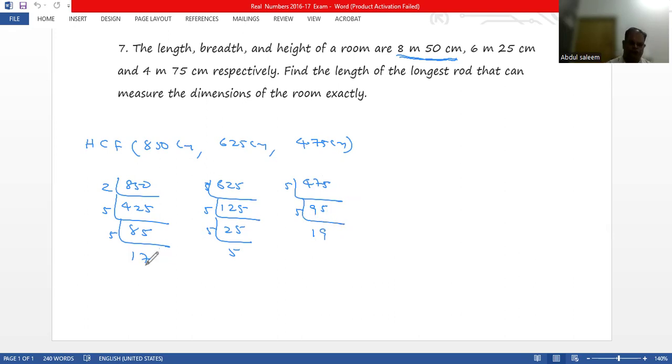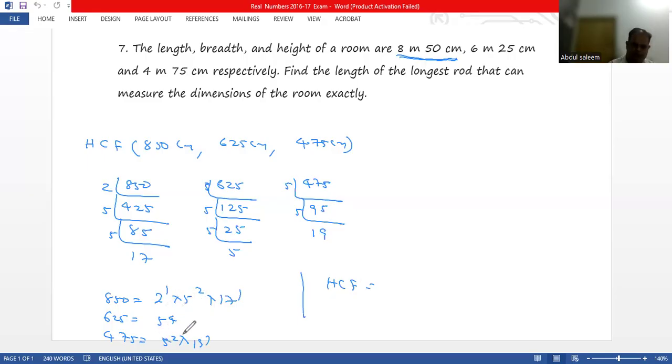So 850 equals 2 one time, 5 two times, 17 one time, and 625 equals 5 four times, and 475 equals 5 two times and 19 one time. So the HCF is the minimum power. There is no 2 in common.